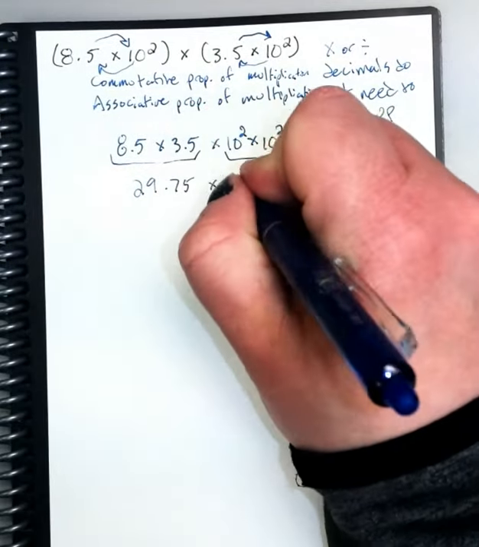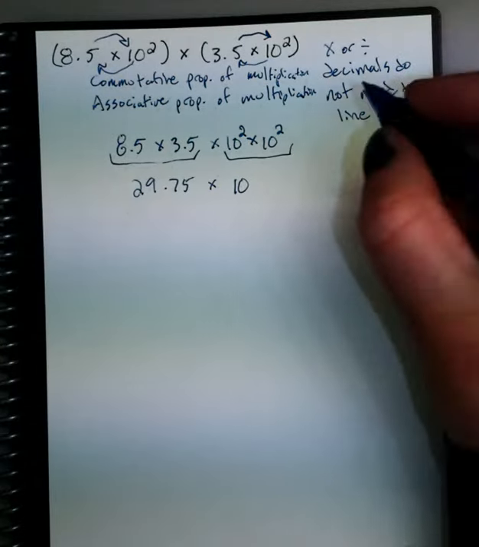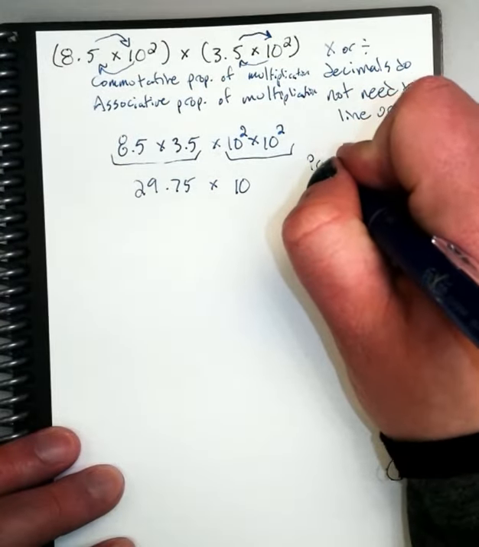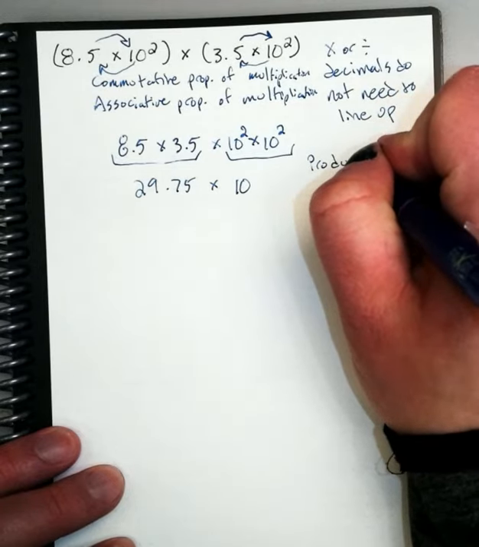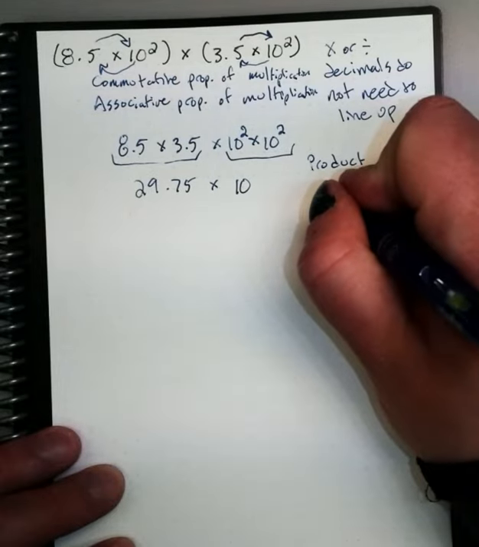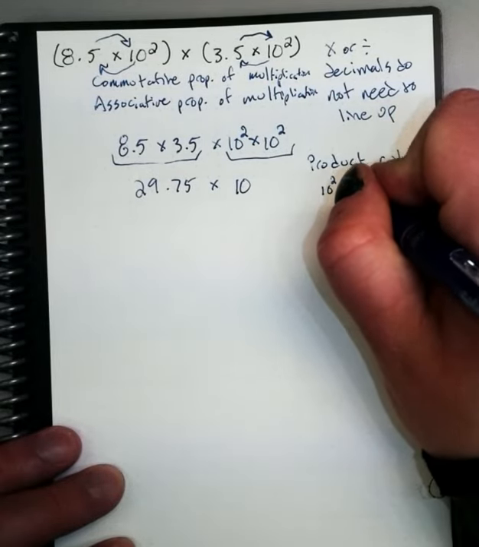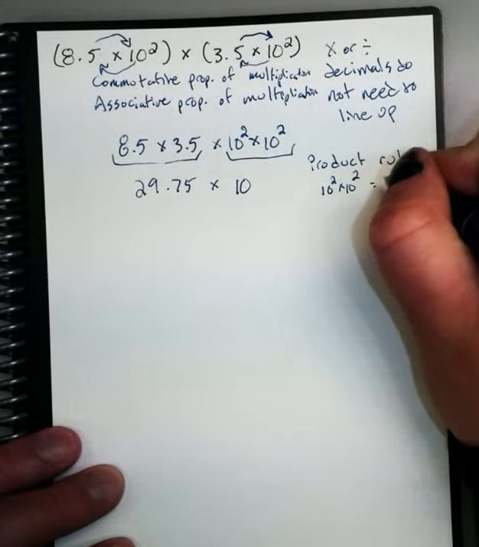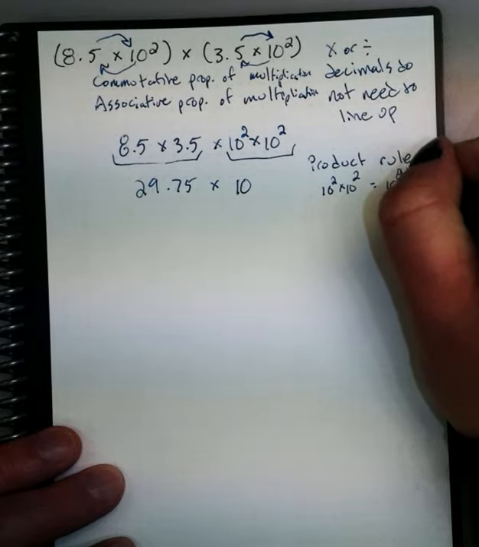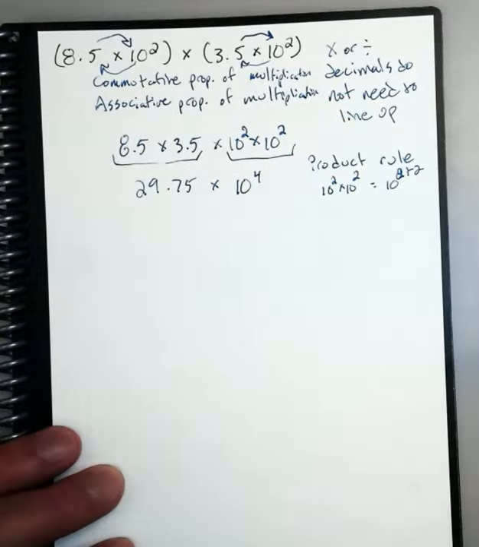And we know it's going to be 10 to some power. And if you remember the product rule of exponents, that means when we multiply any two together, that's the same as adding their powers. 2 plus 2. So this is 10 to the 4th.